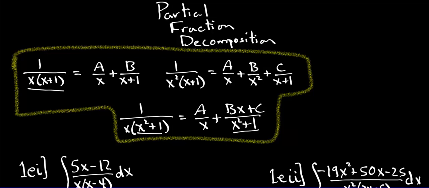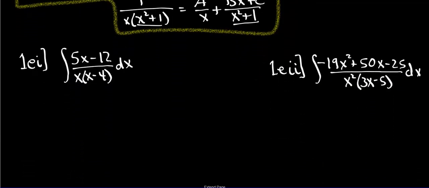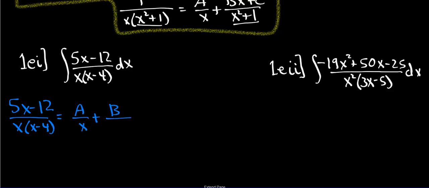Okay, now let's see how we would approach this for this one. So here's what I'm going to do. I've got 5x minus 12 over x times x minus 4. So here we go: a over x plus b over x minus 4. Now, once I get to that point, I'm going to add my fractions.